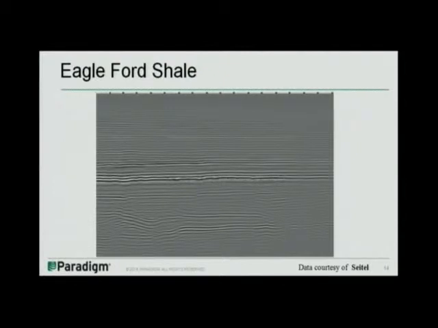Okay, so here is a seismic section from the Eagle Ford Shale. It's a seismic section that normally nobody shows you because it's very uninteresting. It's flat layers, so if this was a conventional reservoir, there would probably be nothing here. But this is the Eagle Ford Shale.